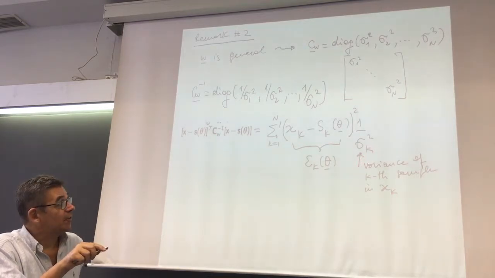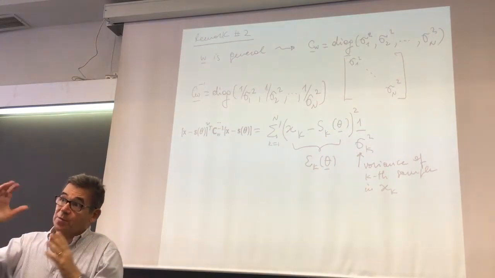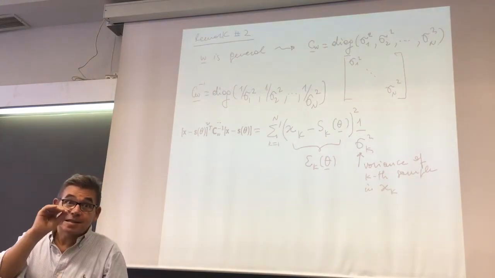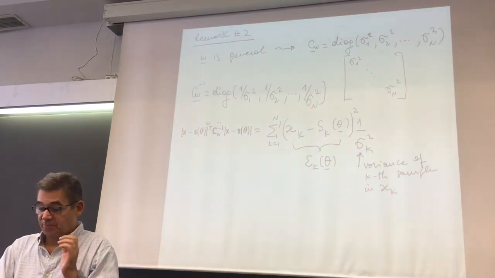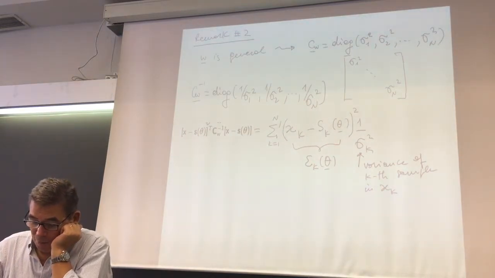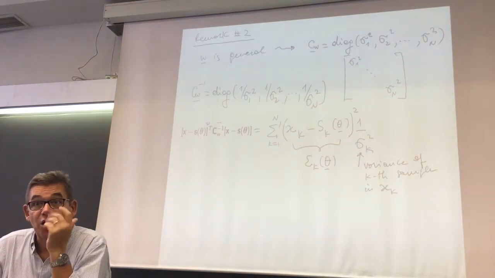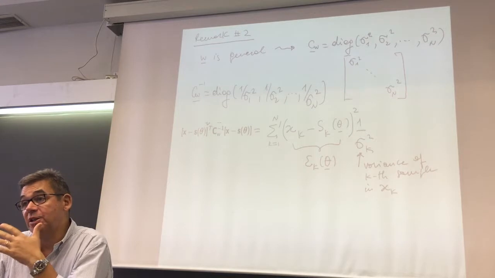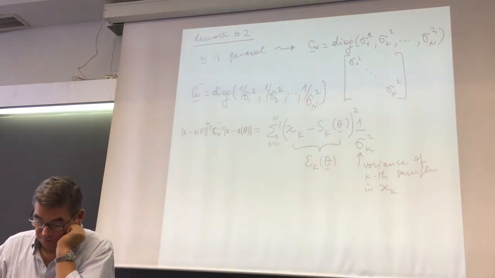That means that a very noisy sample counts less than the others. So I'm weighting by the corresponding confidence of each of the data that I'm measuring.